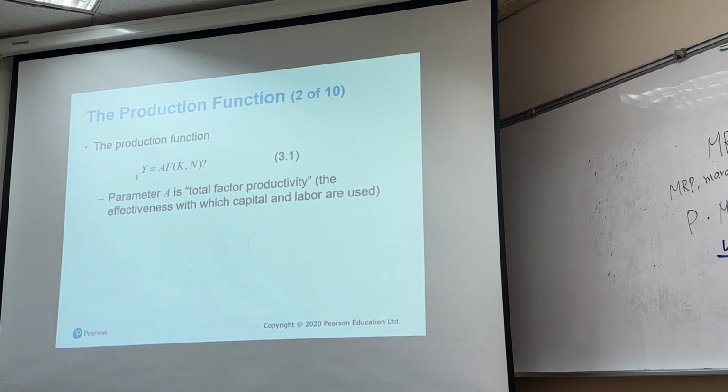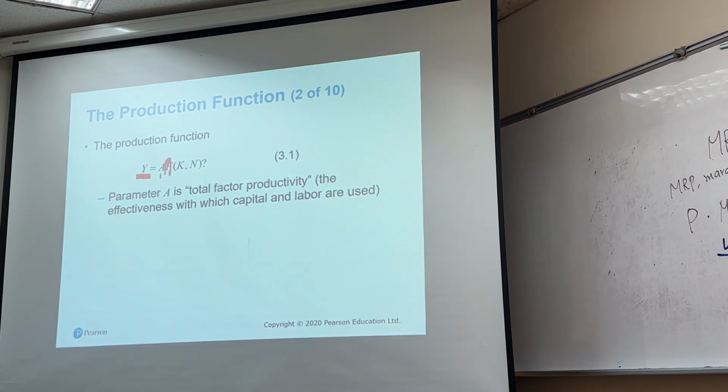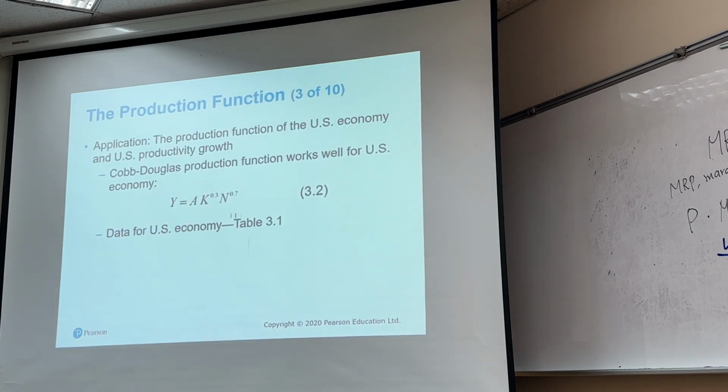So here you have Y. Usually in macroeconomics we use Y, but in microeconomics we may use Q. It's all the same. I just use F, and there's actually nothing different. Whatever notation you want to use, F is more general.